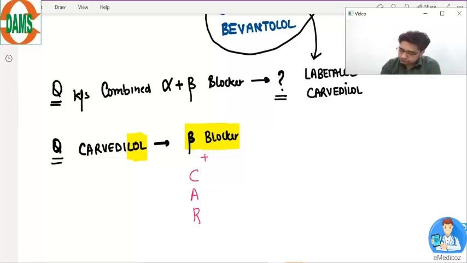The first is that it is also a calcium blocker. Then alpha 1 blocker, and third you will write it reduces oxidative stress.